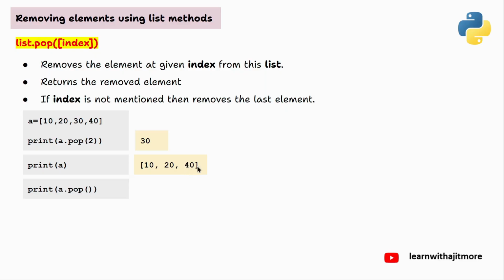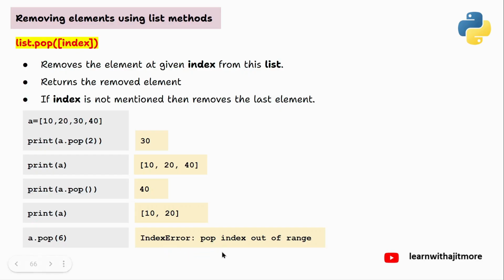By default last, that is 40. 40 delete करके वो 40 return करेगा. अभी list check किया तो 40 नहीं. And if you try to pop something which is beyond the limit, 6 is beyond the limit. यहाँ दो ही हैं, 0 and 1, and the position 6 is beyond the limit. It will generate index error. Pop index out of range.